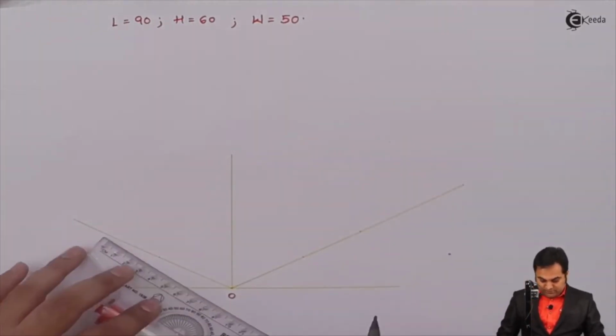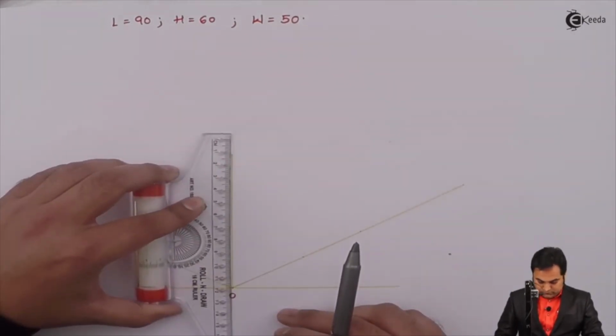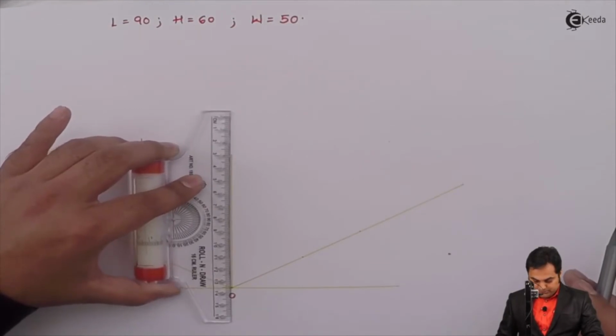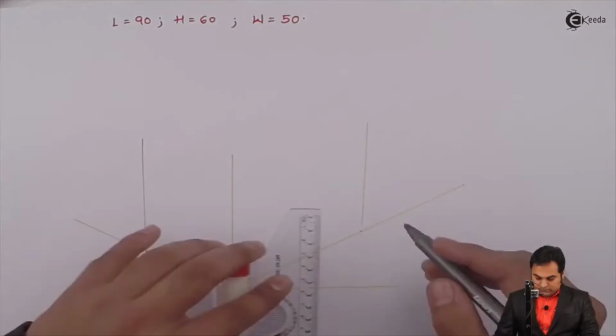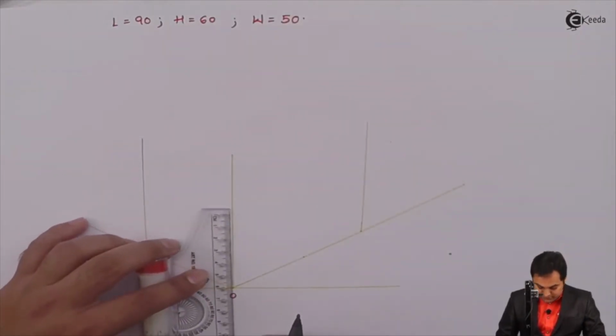Then the width is 60 mm. I am drawing light lines through these points. Here the height is 60 mm, so I'll mark 60 over here.